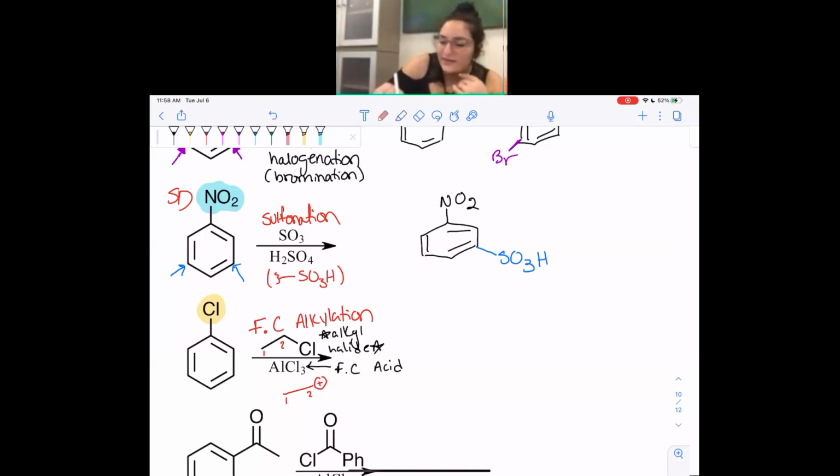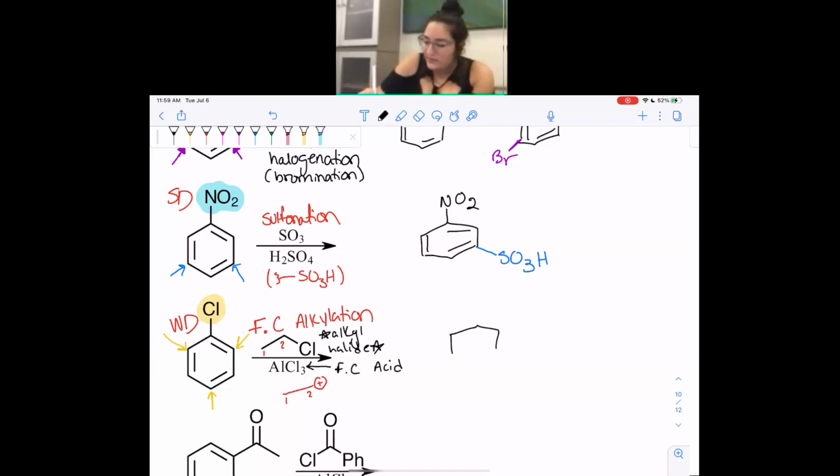So this is actually a weak deactivator, because remember, all halogens are weak deactivators, which means they direct where? Ortho-para, exactly. So that's why they're kind of special. They're deactivators, but they still direct ortho-para. So we're going to get 2 different answers.